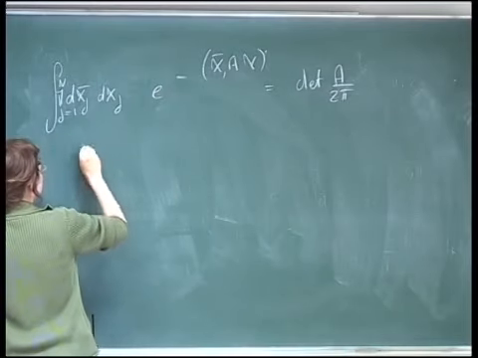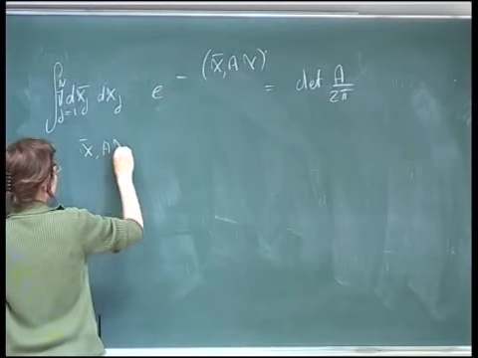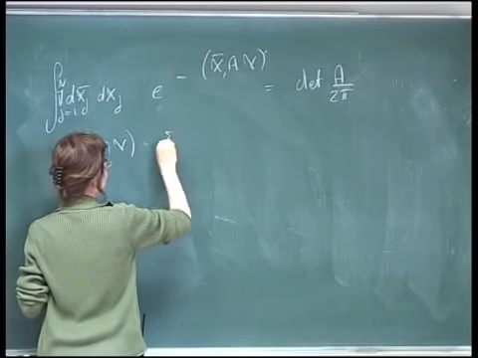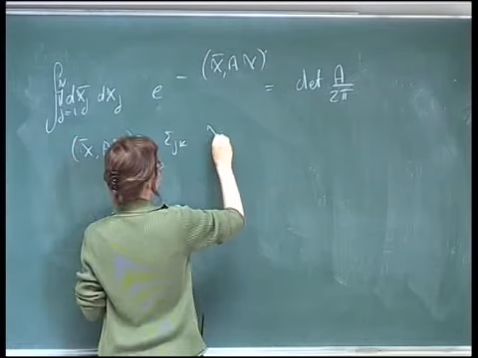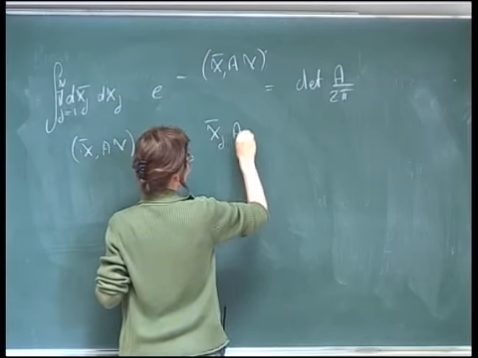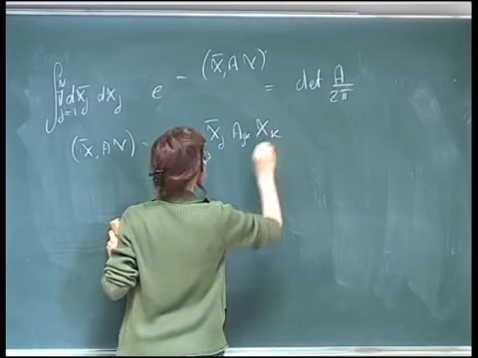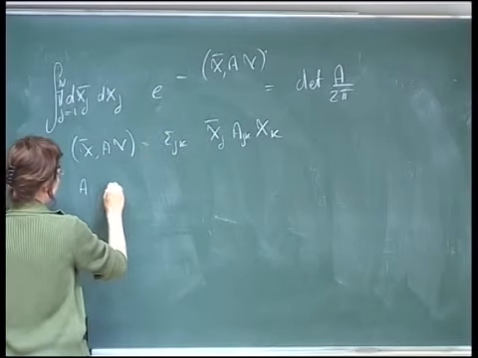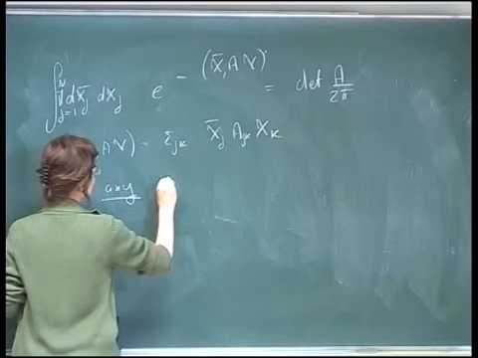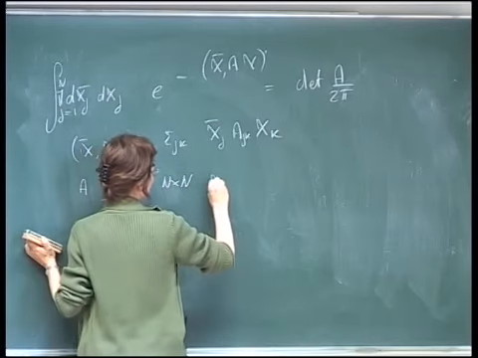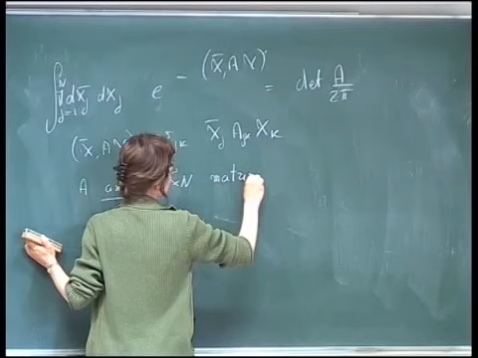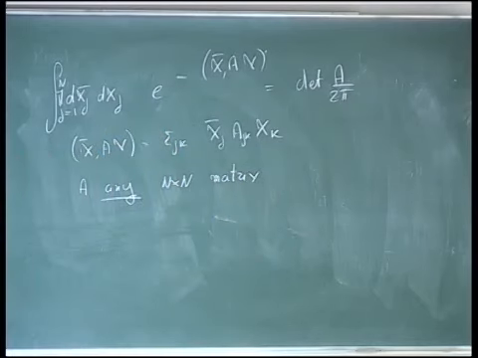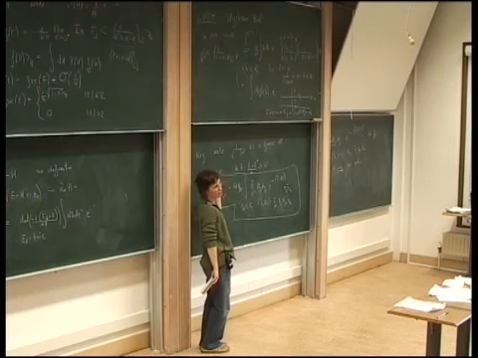Here χ bar A χ is the sum over j,k of χ bar j A jk χ k, and A is any n by n matrix. Notice that the bosonic formula is true only if A has positive real part.